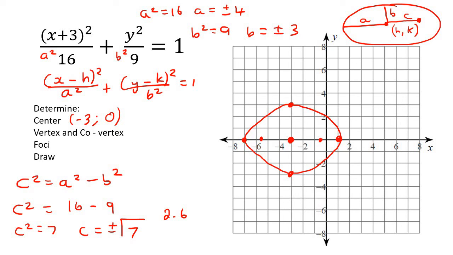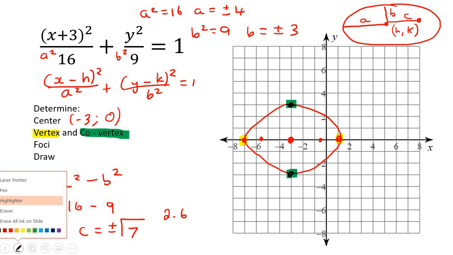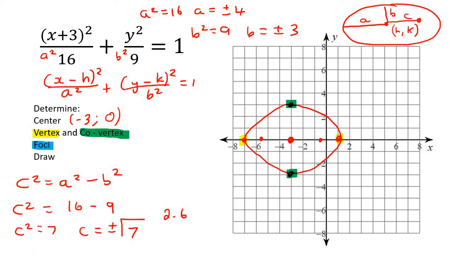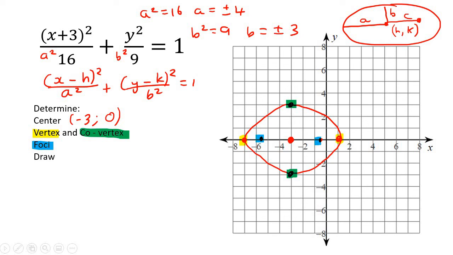So remember, the vertex is always on the major axis, so the vertices would be there and there. The co-vertex is there and there. And then the foci would be there and there. And so let's go do all of that.